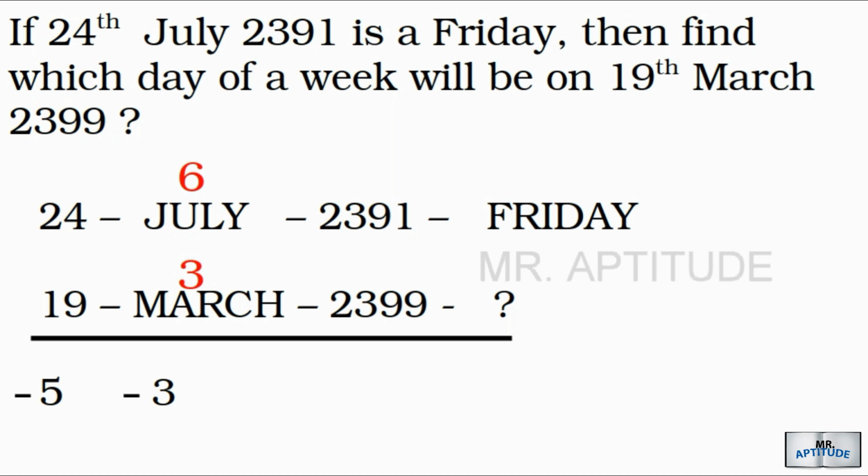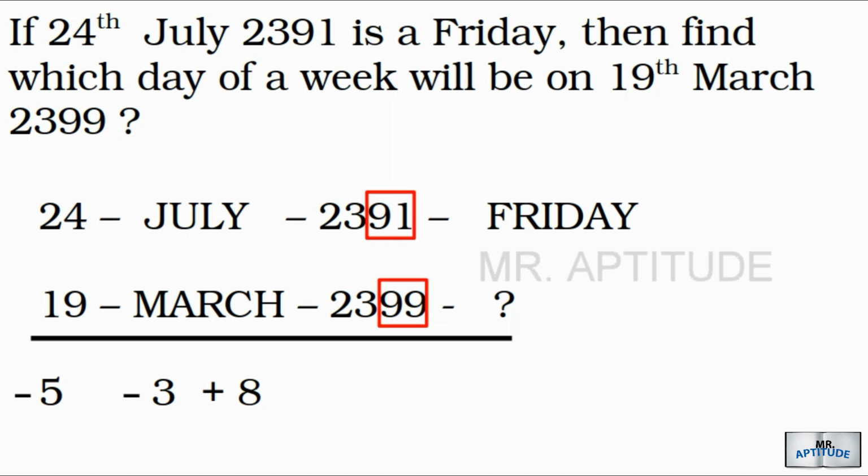And then difference between the given years, 91 and 99. From 91 to 99, as you observe an increase, I want you to go with a plus. And difference between these two is 8. So let me write it as plus 8. And then number of leap years between the given two dates.